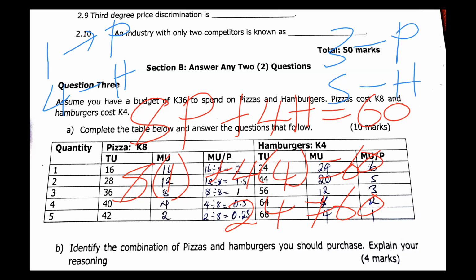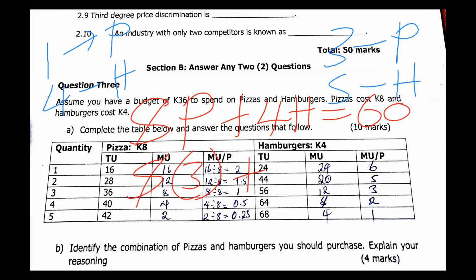Let's check the second one. It will be 8 times 5 pizza units plus 4 times 3, that gives us 44, not equal to 60. What we observe is that now we have 60 kwacha, but our bundle requires us to spend 44 kwacha.